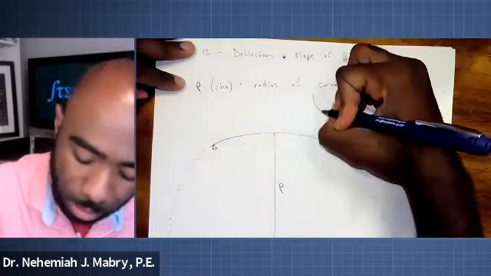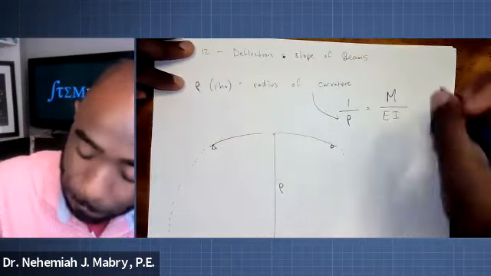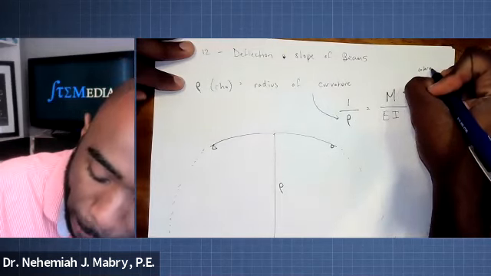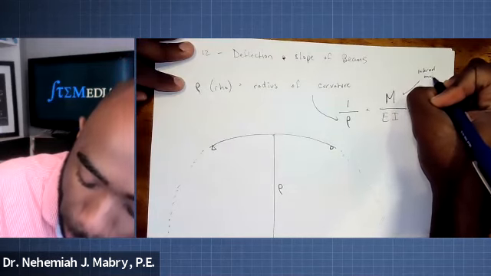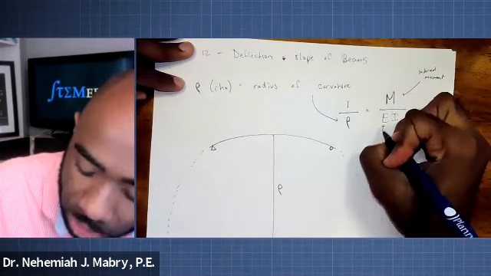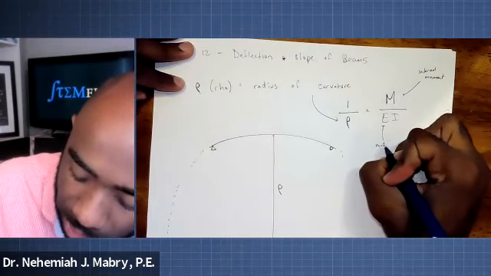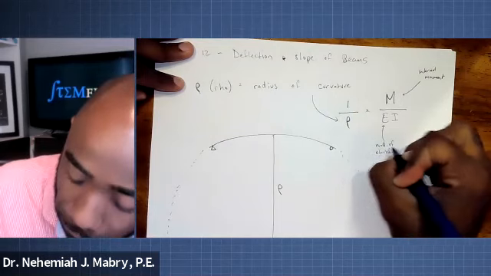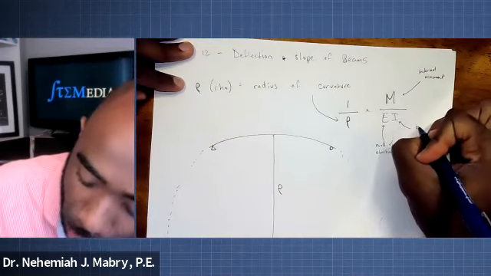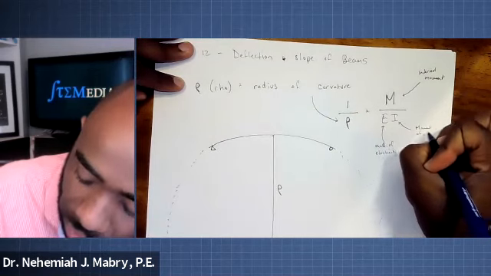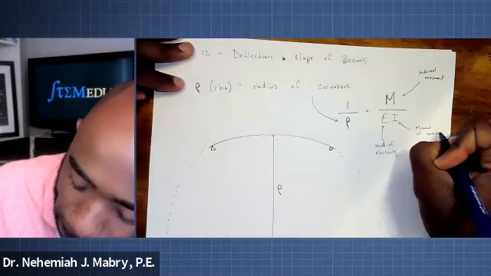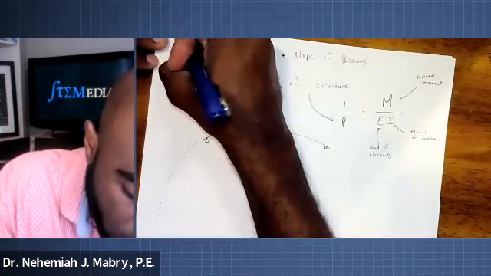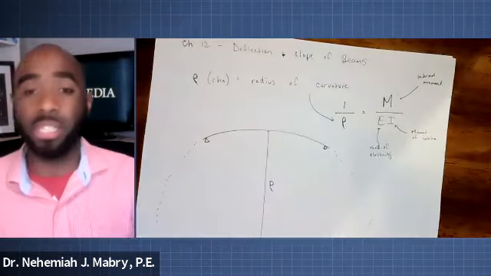So 1 over the radius of curvature, the inverse of it, is equal to the internal moment, to be more specific, internal moment. E is what has always been modulus of elasticity, and I is moment of inertia. Right? So that is the relationship I want you all to denote.